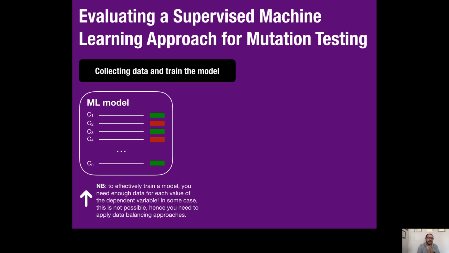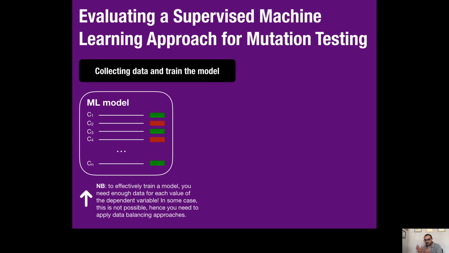In some cases, this is not possible, always keeping as example the defect prediction model. In defect prediction, the number of defective classes is generally much lower than the number of not defective classes. This means that you may want to balance the ratio between defective and not defective classes by applying data balancing approaches. There are a number of data balancing approaches like undersampling, oversampling.